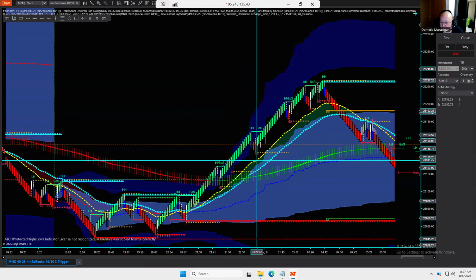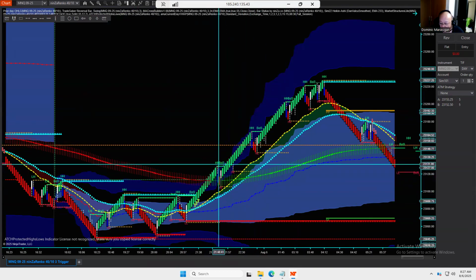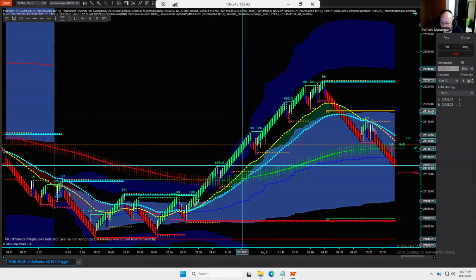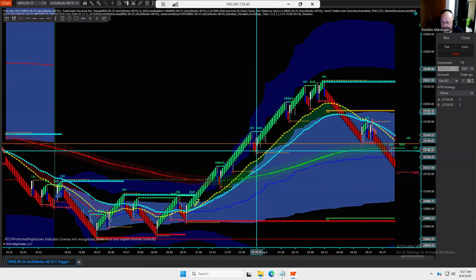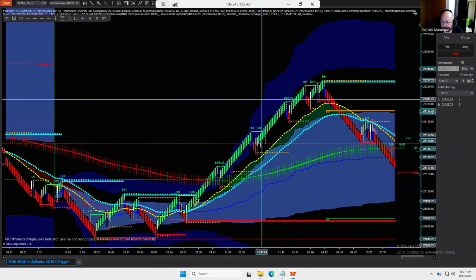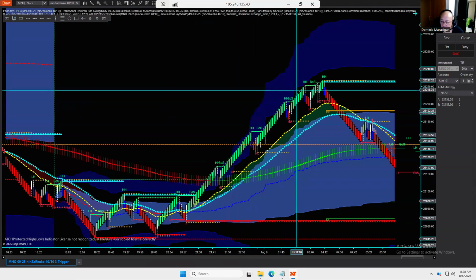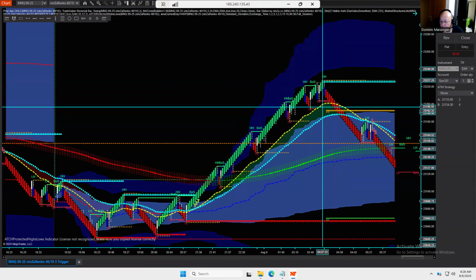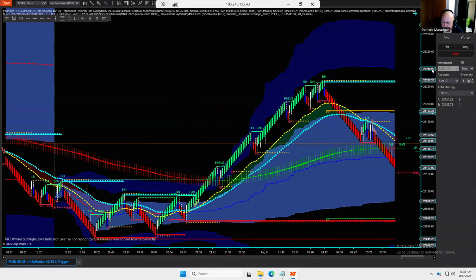Target again would be, when you enter here, we're already in the +2 deviation, already close to +3. So it's just going up, and until you see it cross below this yellow dash, that's the 21 EMA, when it crosses there, you can get out. That'll be a good profit.